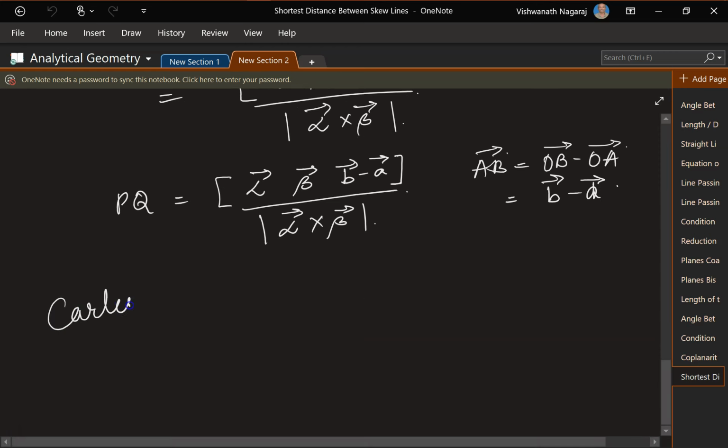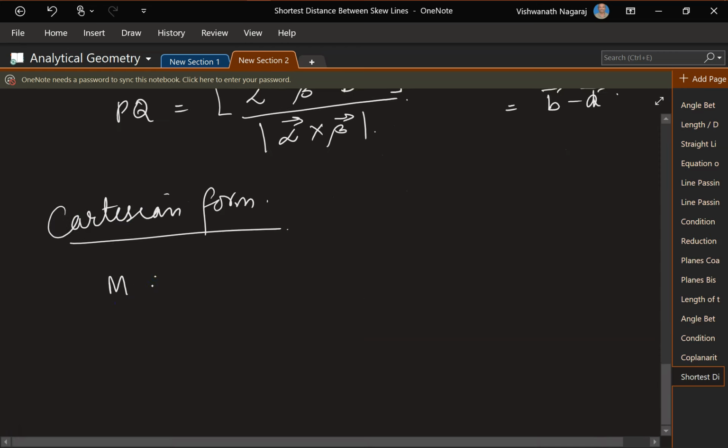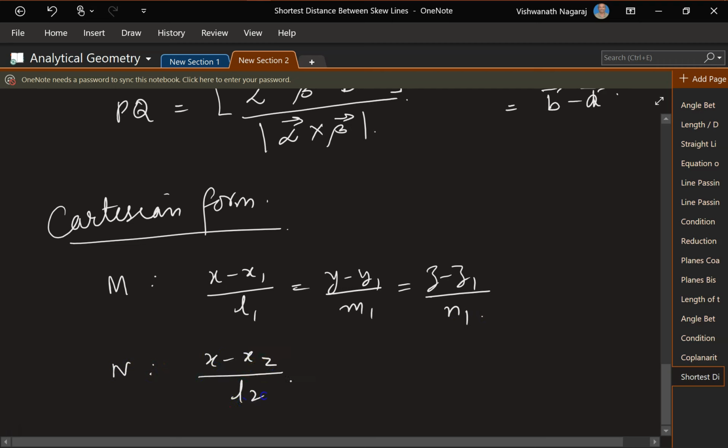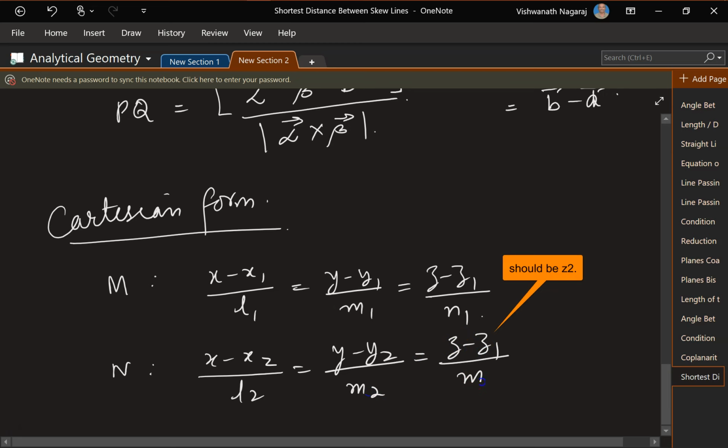the Cartesian form. Let's continue with the same lines. M can be written as (x minus x1)/L1 = (y minus y1)/M1 = (z minus z1)/N1, and N would be (x minus x2)/L2 = (y minus y2)/M2 = (z minus z2)/N2.